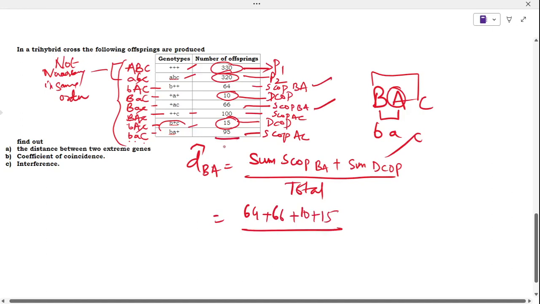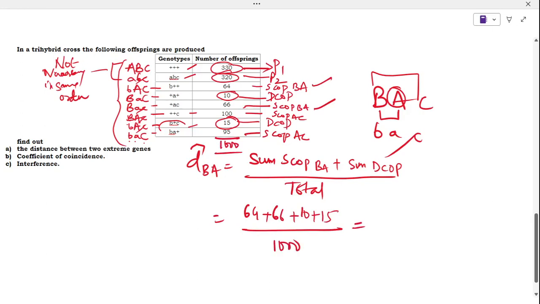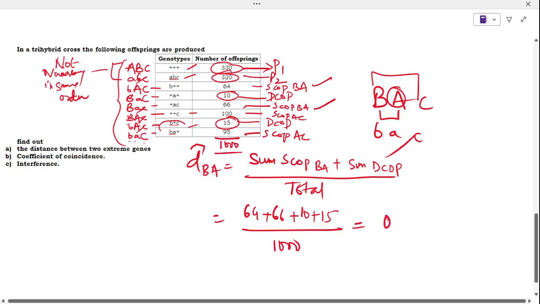The total will be 1000. If you sum that up, the answer will be 0.155. This is Morgan, and if you multiply that by 100, it is converted into centimorgan: 15.5 centimorgan distance. This is the distance between BA.